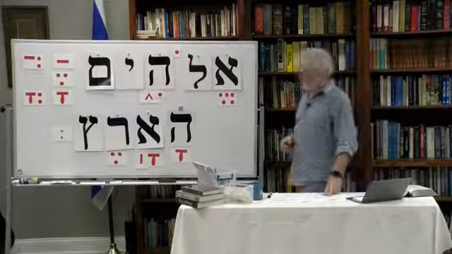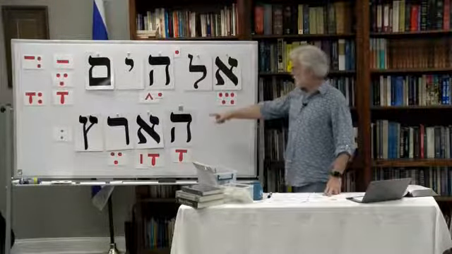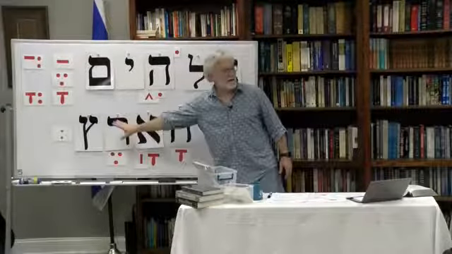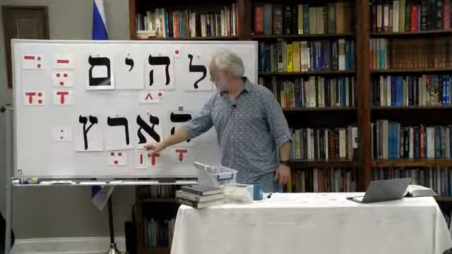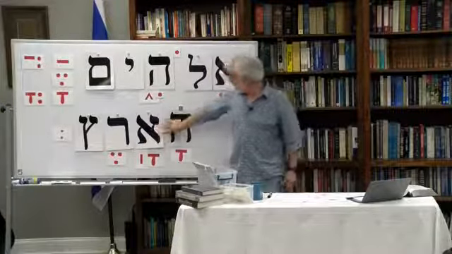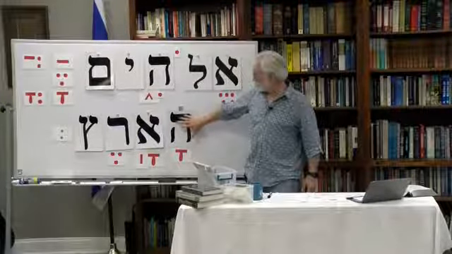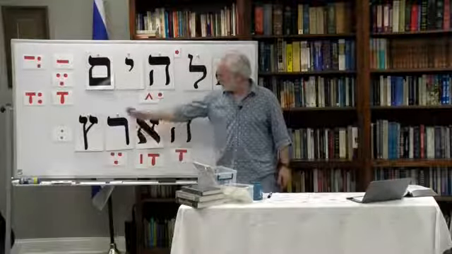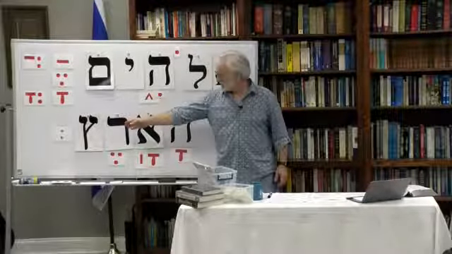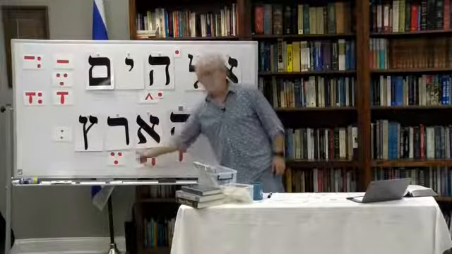Now, the aleph, if you remember, we used this example, eretz, earlier, and we noticed that when it was spelled, I added something here. Notice I put a hey on it, but before it just said aleph, resh, final tzadeh, and it had two segols.